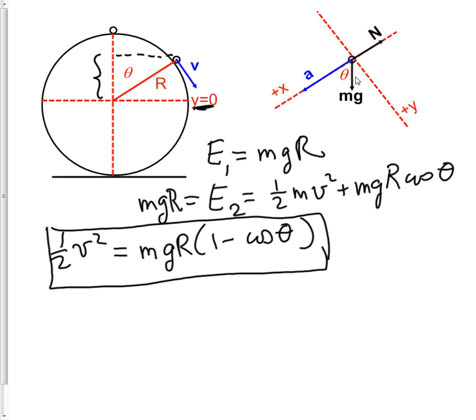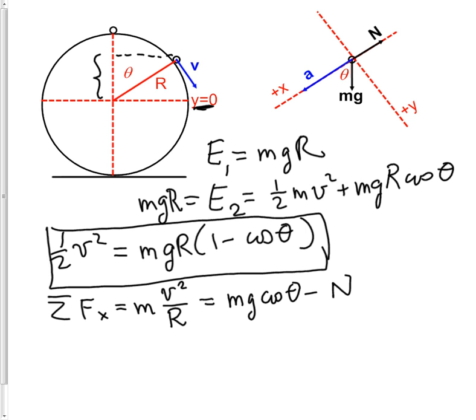The sum of the forces in the x direction is equal to the mass of the object times its acceleration, which is v squared over r. That's the radial acceleration, or the centripetal acceleration. And that has to be equal to mg times the cosine of theta minus n.